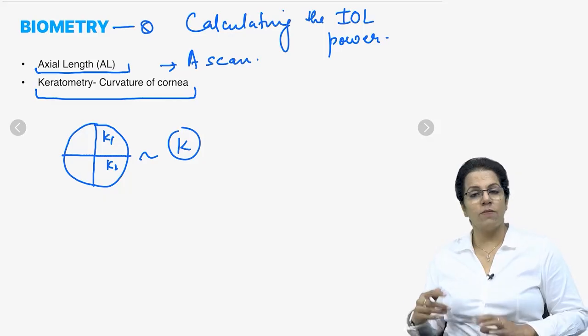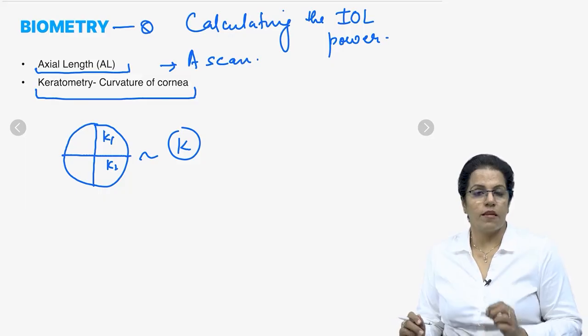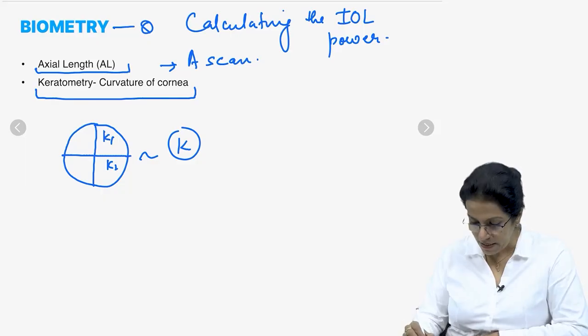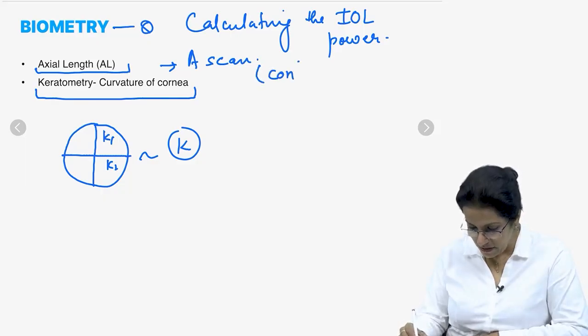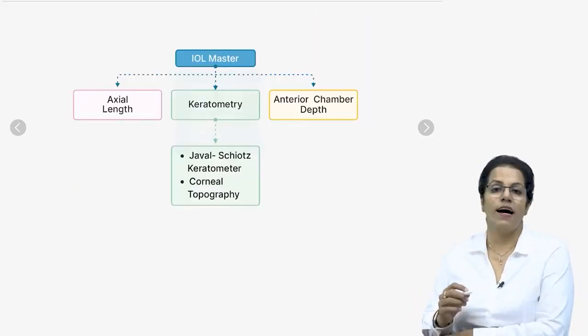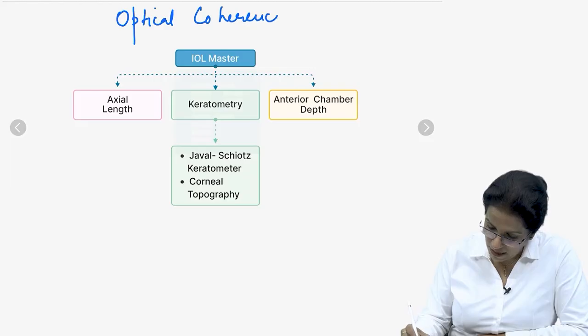So the normal instruments that we use: let's understand here that A-scan, you have to touch the probe to the cornea. So it's a contact method, keep in mind. Do we have some other non-contact method? Yes. This is IOL master. This is actually optical coherence biometry.